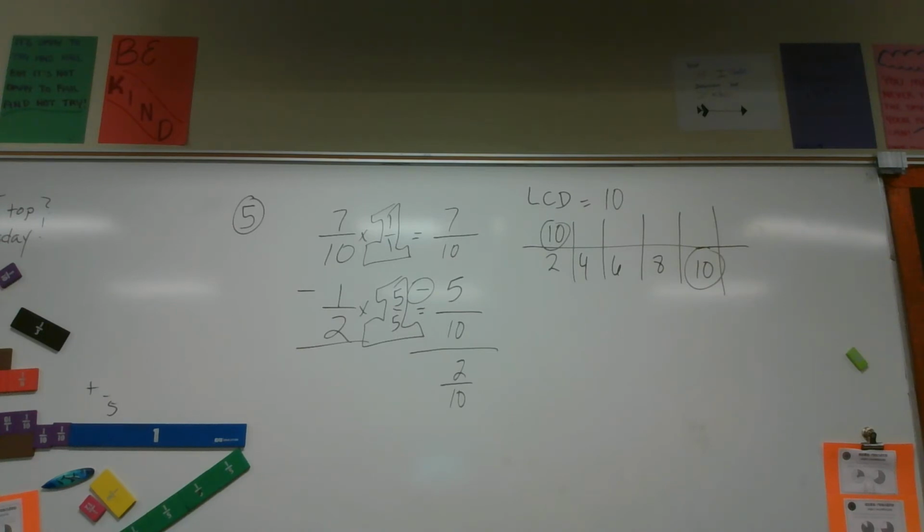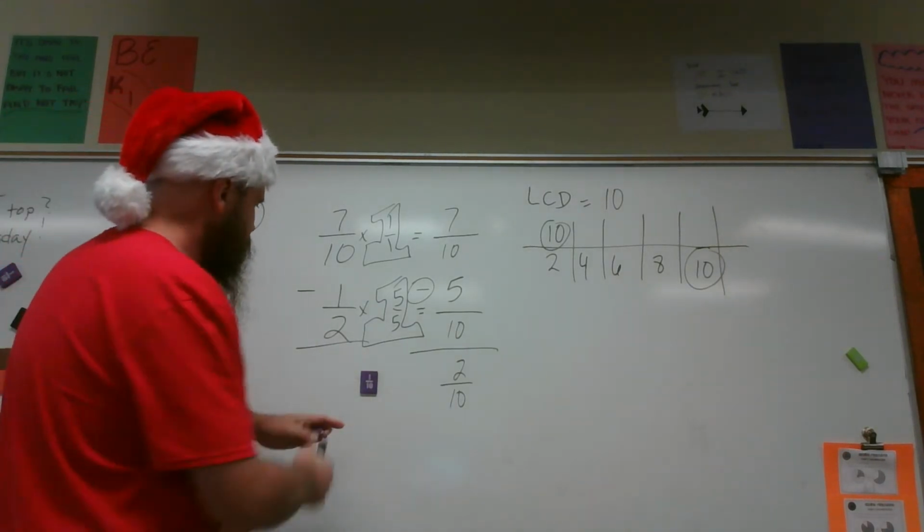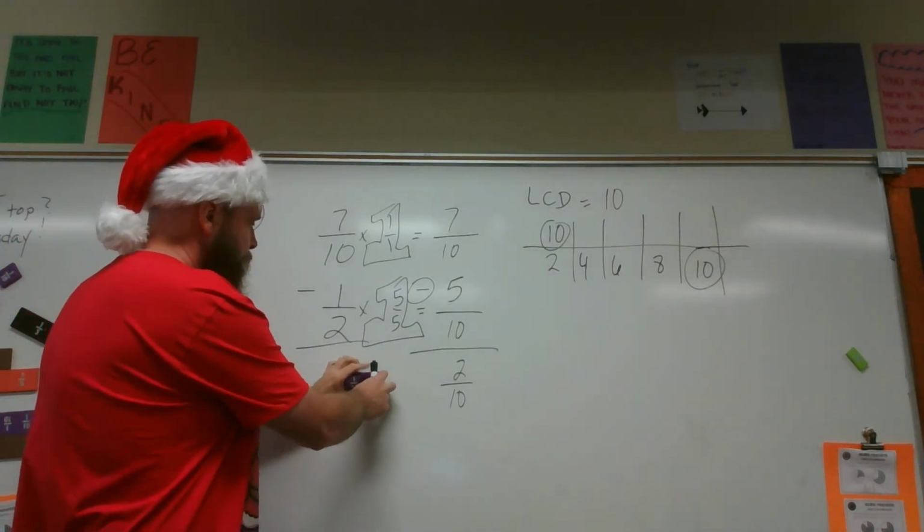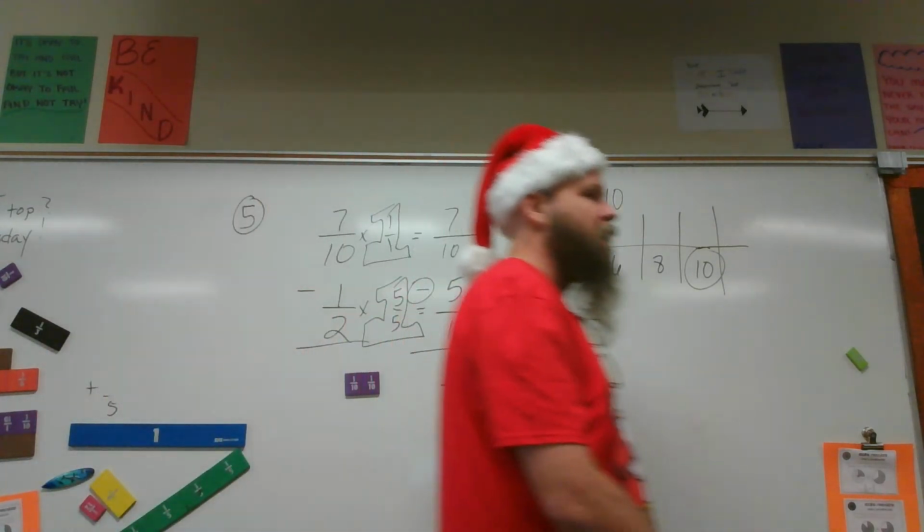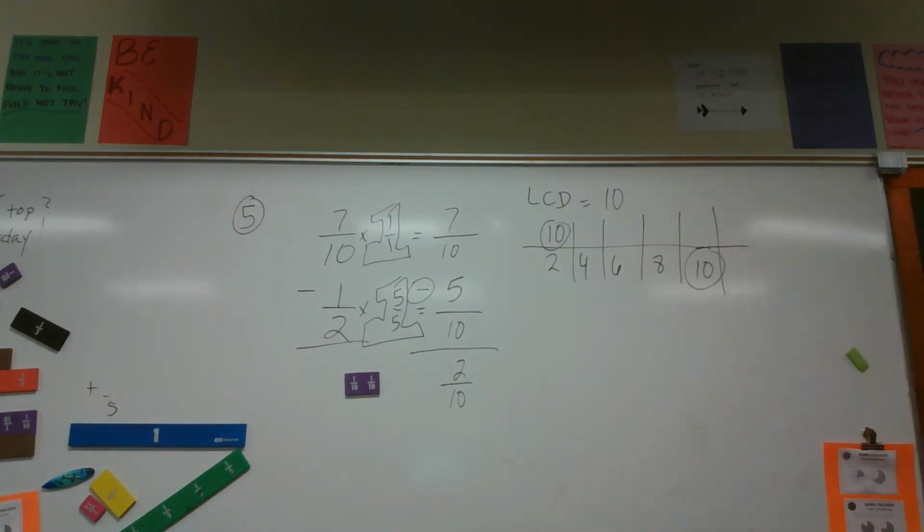So you need to convert, or change it so that it is simplified. I need to take 2/10, which is what I have, and simplify it. Hira, what am I going to simplify by?